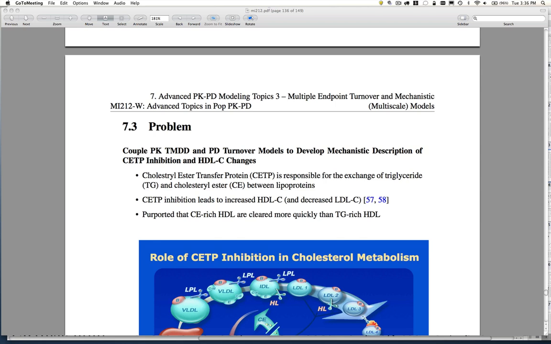The data that I showed for denosumab and also for things like the once daily parathyroid hormone, those data were actually used to fit some of the model parameters that were more specific to the pharmacology, if you will.